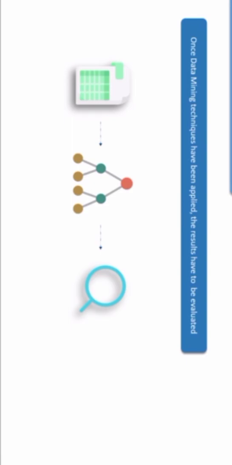You have your tidy data, you apply your ML algorithm, and you get a result. This result you have to verify properly. Here you check for the accuracy of the result, the correctness of the result, and also the usefulness of the result.